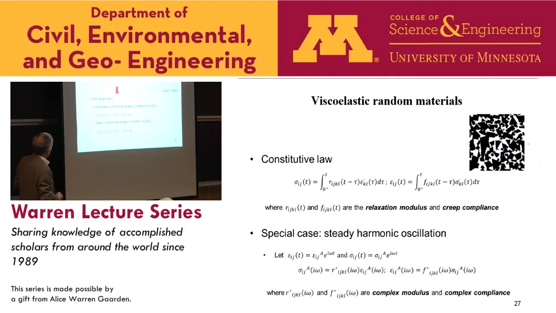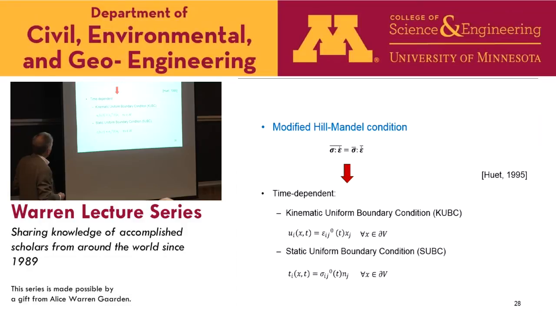And so there's a modified Hill-Mandel condition due to Ostoja-Starzewski some 20 years ago, which dictates then these kinematic, what he called KUBC, kinematic uniform boundary condition, and static uniform boundary condition. And static, I mean, is changing in time, but very slowly. Everything is quasi-static.